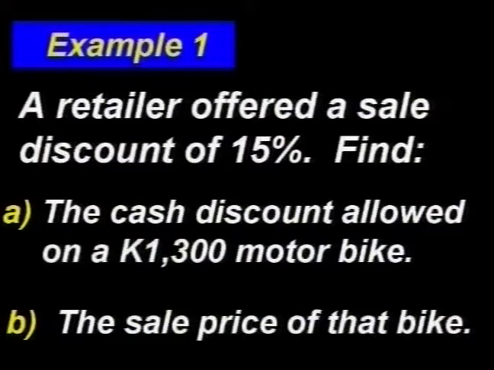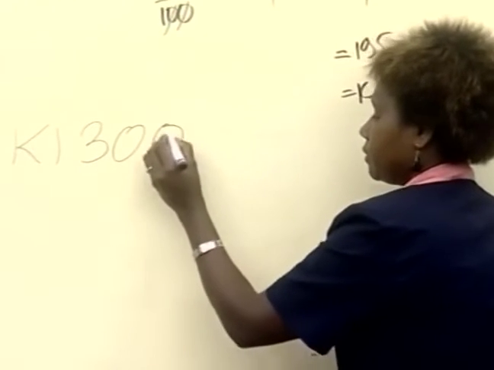This time you have another one to work out the sale price of that bike. We'll do that together on the board. What is the total? 1,300.